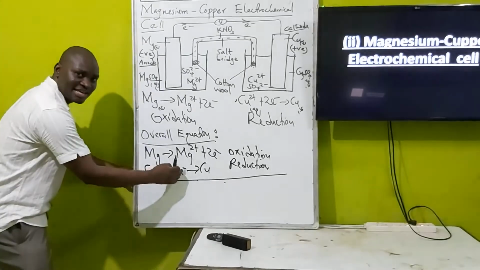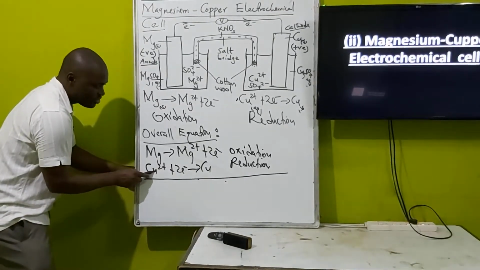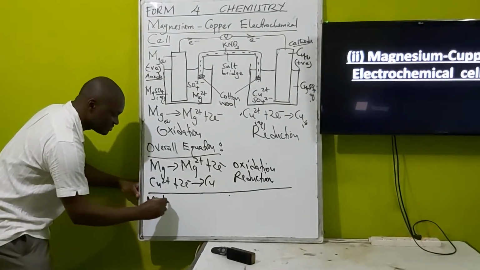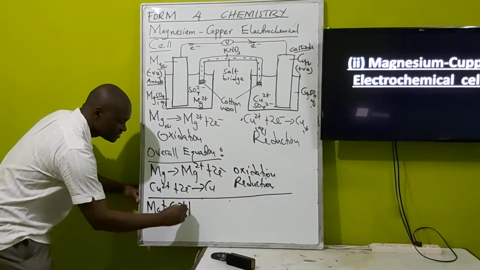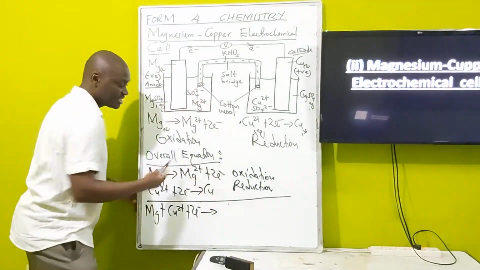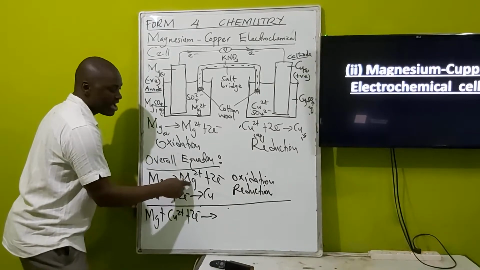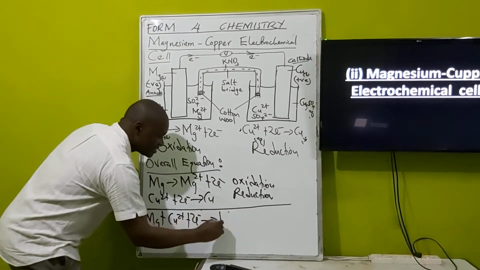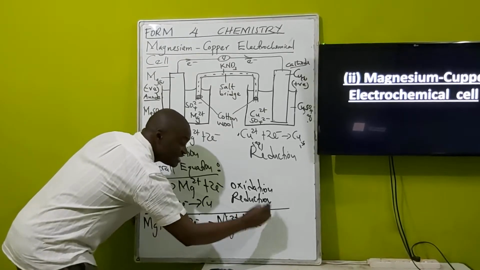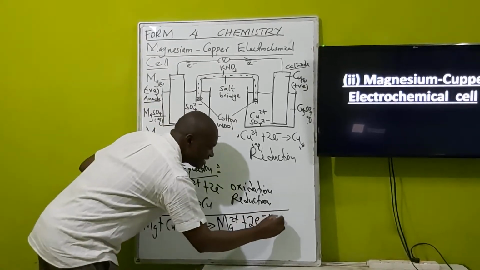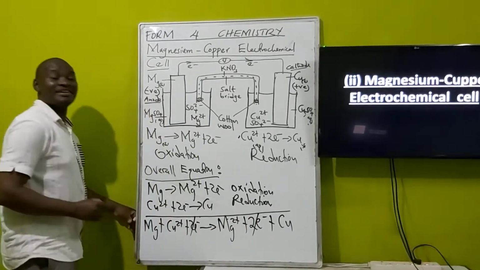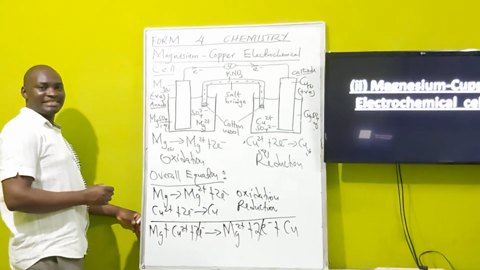We take the reactants, magnesium, copper 2, and 2 electrons. We put together magnesium, copper 2, and 2 electrons. Then we also take the products, magnesium ion, 2 electrons, copper. We remove the 2 electrons which are common on both sides.